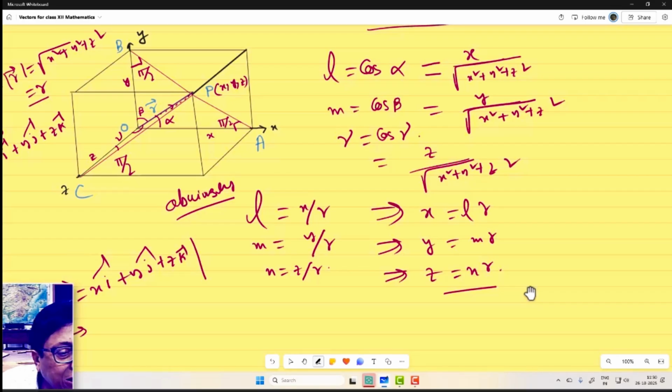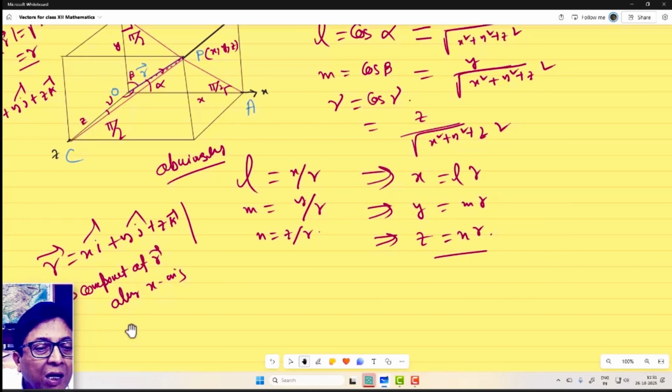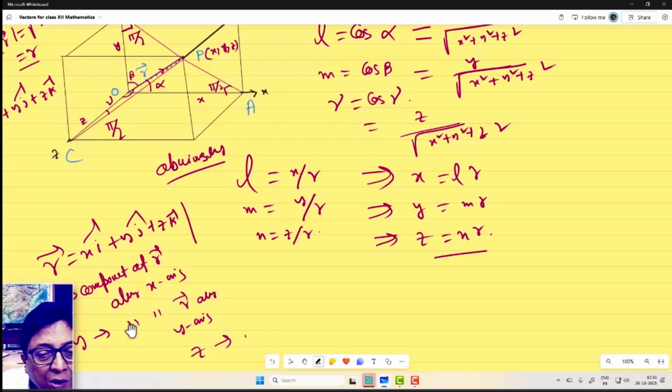X stands for the component of R along the x axis, isn't it? Y stands for what? Component of R along the y axis, and z is what? Component of R along the z axis.